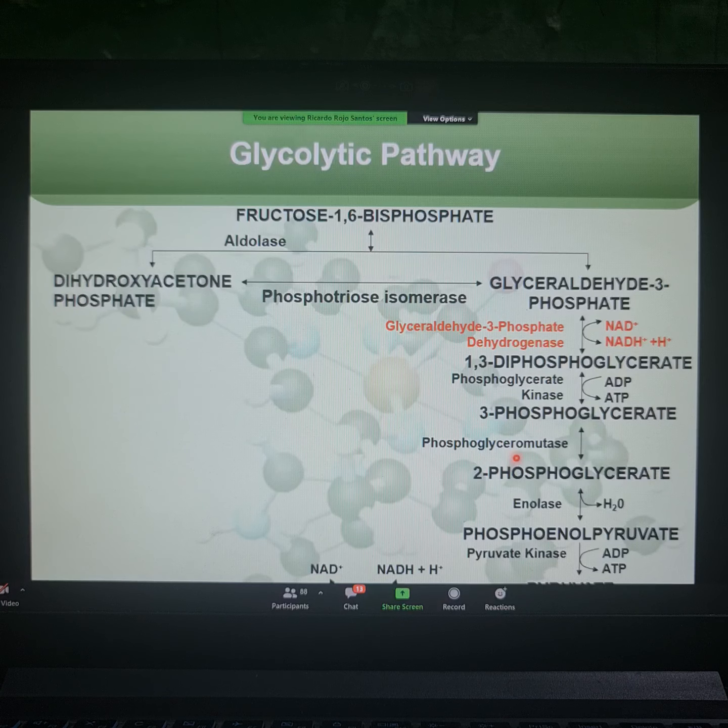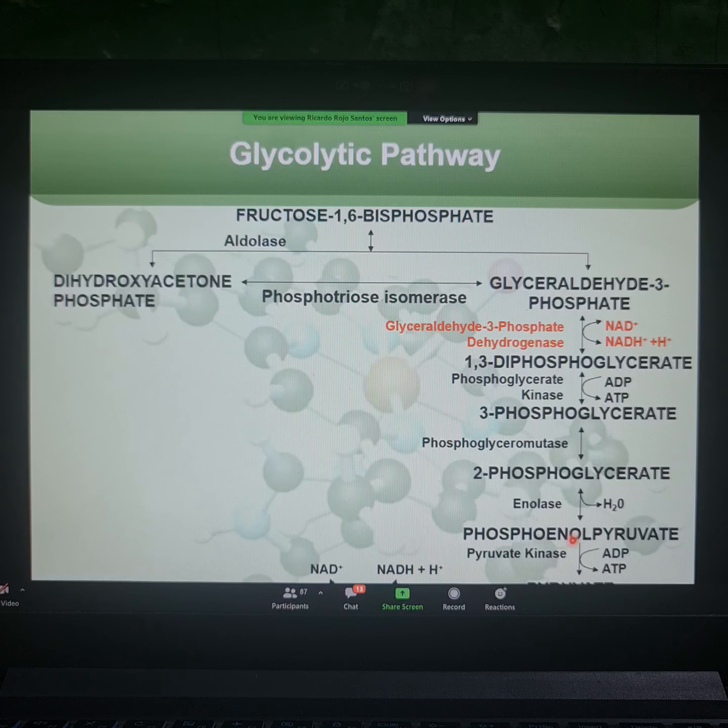So what happens next? 3-phosphoglycerate will be acted upon by phosphoglyceromutase, and it is converted to 2-phosphoglycerate. Okay? Mutase is an isomerase enzyme. There are different kinds of isomerases, of which mutase is one of them. Okay, next. 2-phosphoglycerate will be converted to phosphoenol pyruvate, catalyzed by enolase. There will be a dehydration reaction.